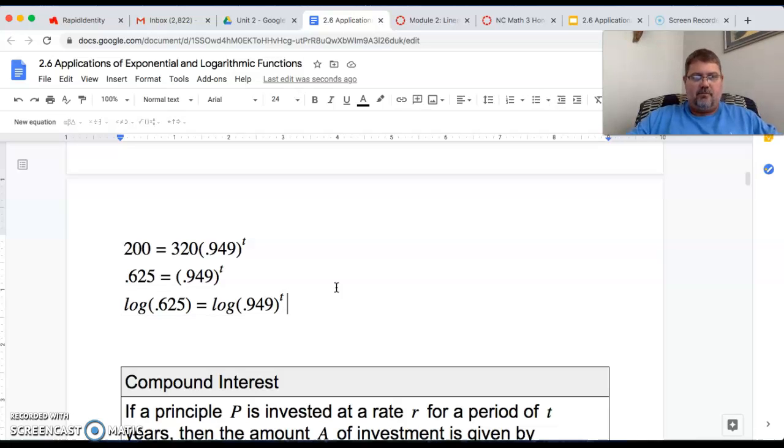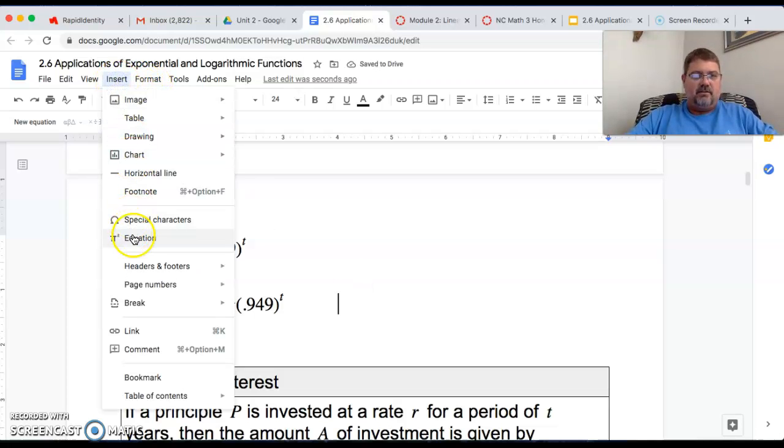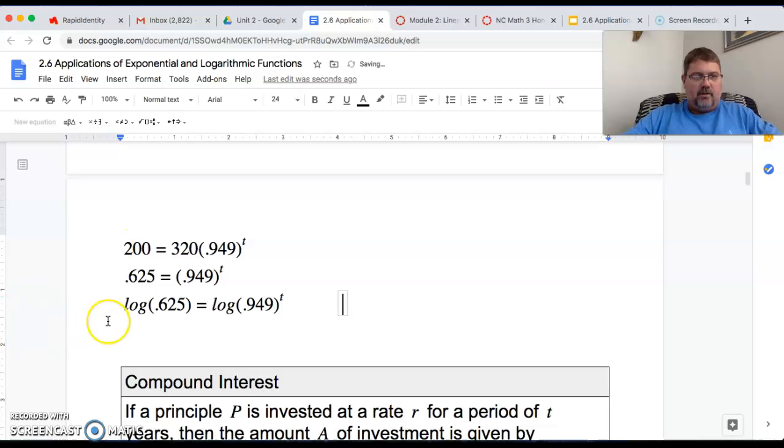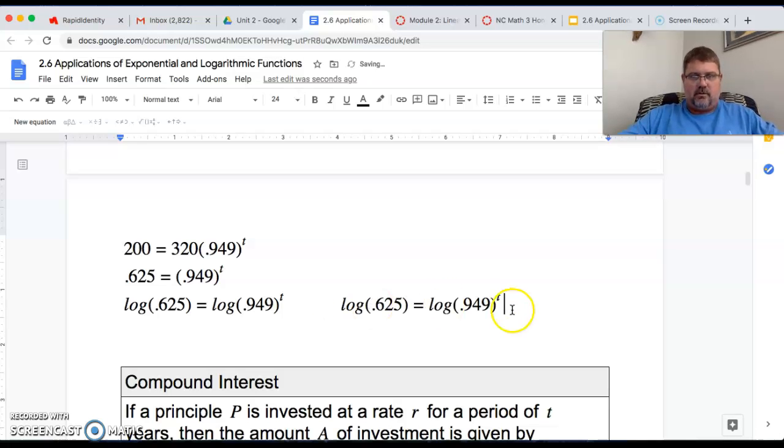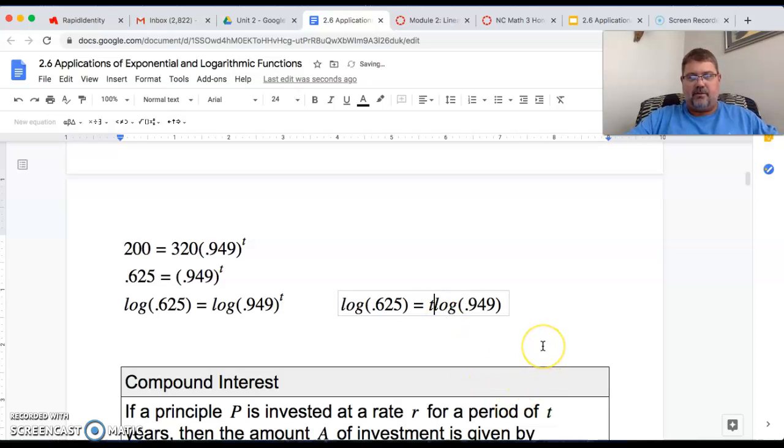So I don't have to write it another time, well, I'll tell you what, I will do that, just so everybody can see it in this one. We'll start skipping that step in a minute, so the videos won't have to be so long. I should have copied and pasted that. So t moves to the front of your logarithm. That's that property we talked about.